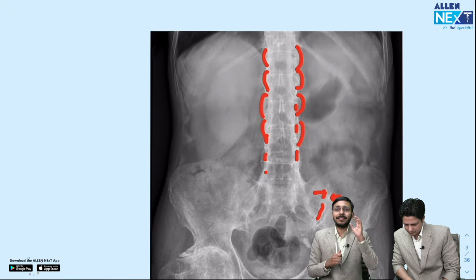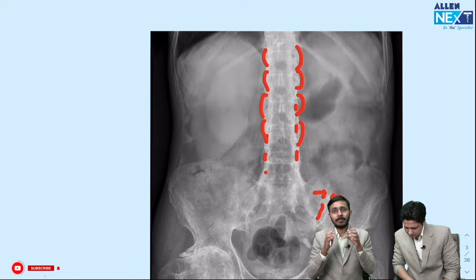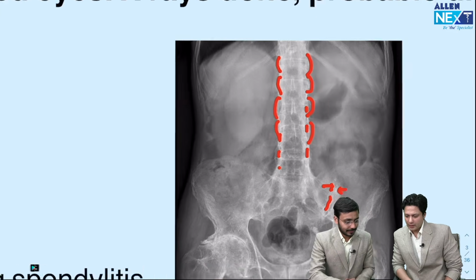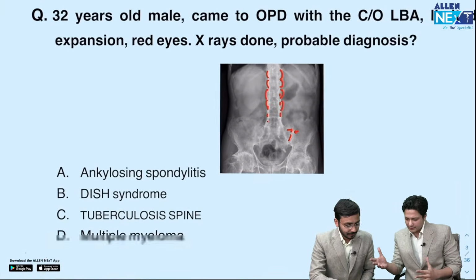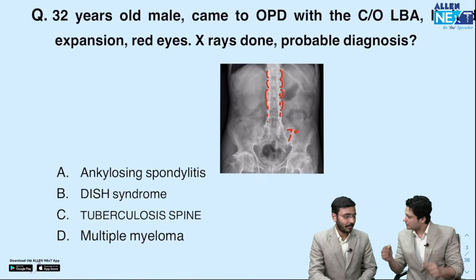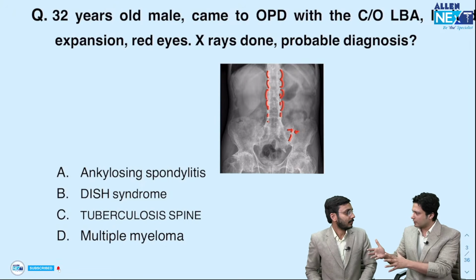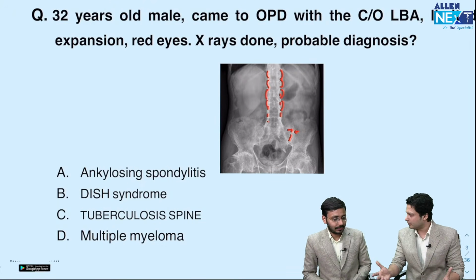So these are bridging syndesmophytes giving a bamboo spine appearance, and we see bilateral sacroiliitis. As you have very correctly said, bridging syndesmophytes and calcification of the intervertebral discs, and every soft tissue present around the vertebral column will be calcified in this particular kind of X-ray.